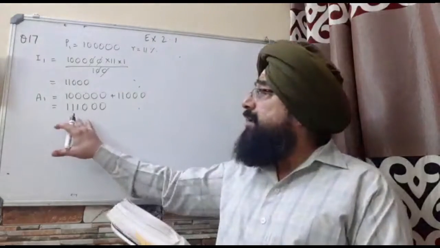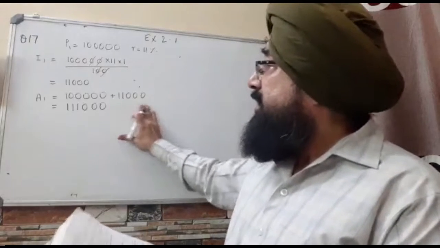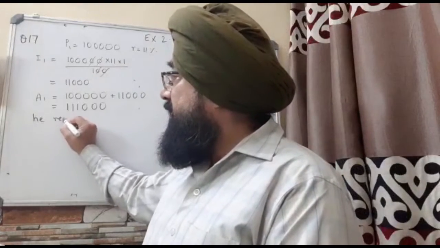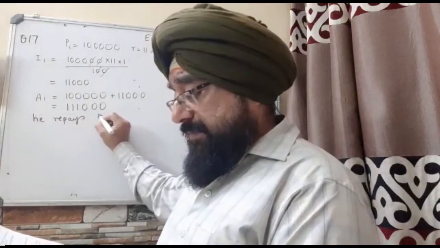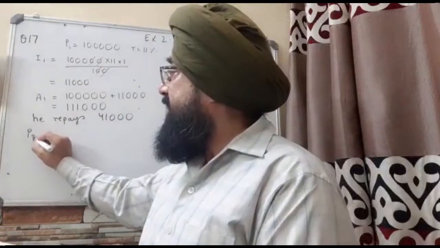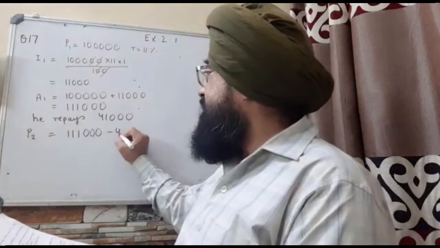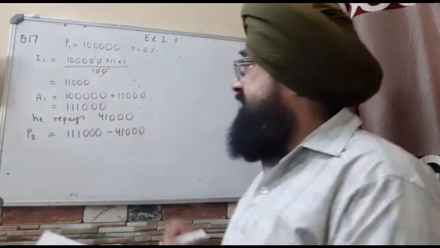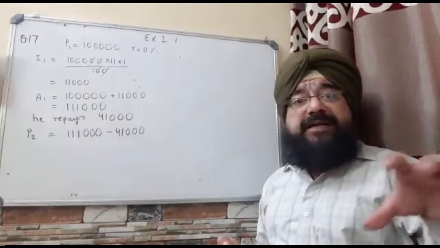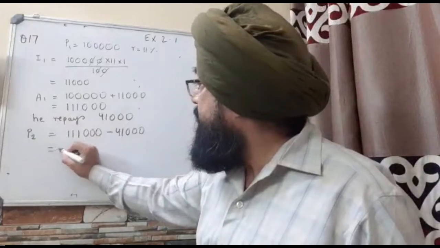Before this could have been the principal for the second year, he repays 41,000. And therefore, principal for the second year now is not 111,000, but less than this. This much less, because he paid it. Once paid, no interest will be charged on that.